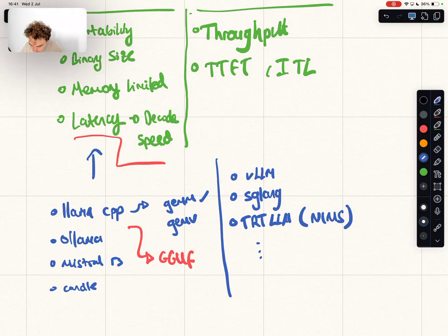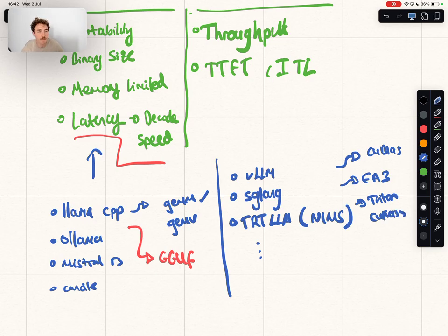So these aren't attempting to make the same trade-offs as the local inference libraries. They care pretty much solely about performance, and so they'll use vendor-supplied libraries like Cutlass. They'll use optimized kernels for attention, like FlashAttention, and they'll use Triton and Cutlass to write optimized implementations of various kernels that appear, like mixture of experts, rope, things like that.